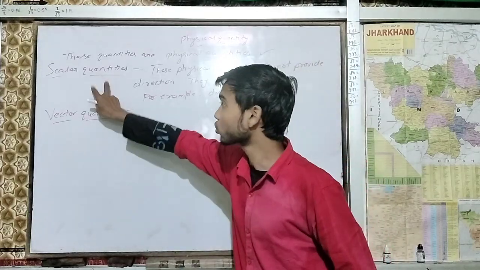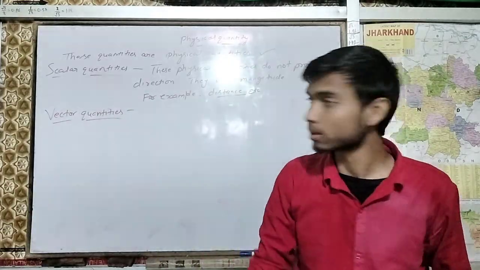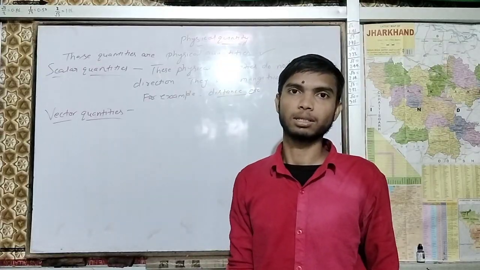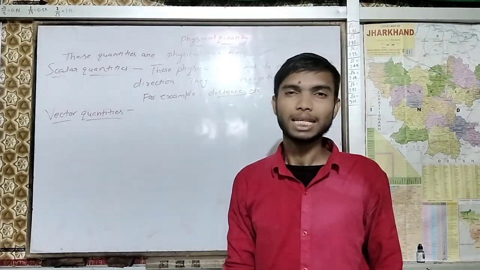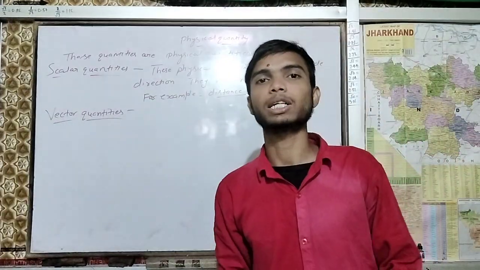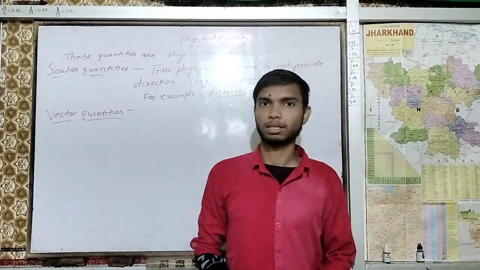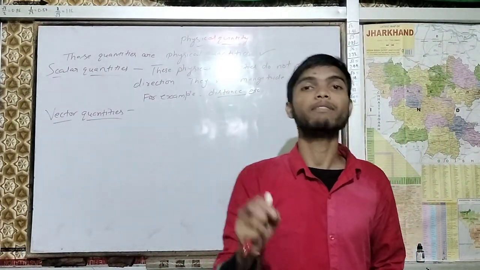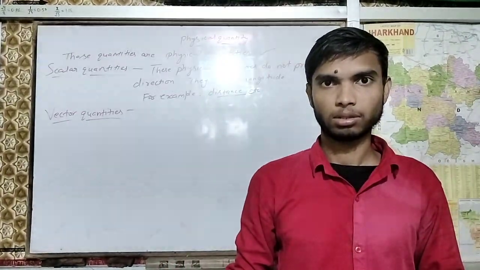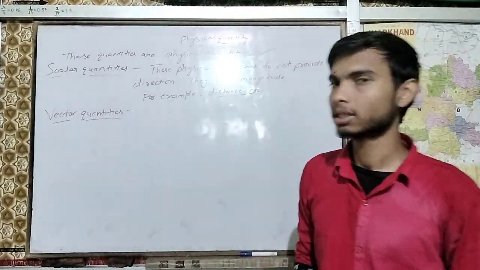The difference is that scalar quantities do not provide a direction, but vector quantities provide direction. Is it compulsory to have a direction? My answer would be yes, it would be compulsory to have a direction according to requirement.